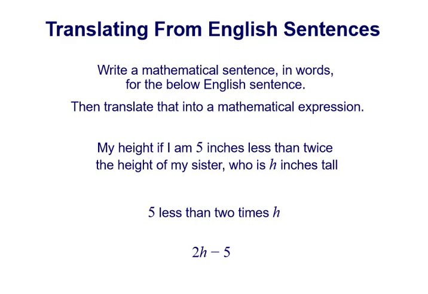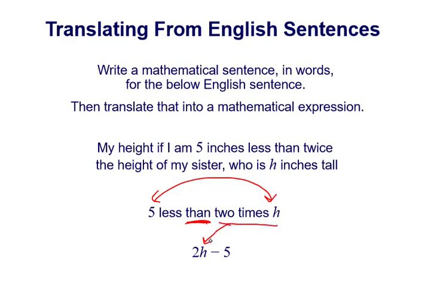So here we can translate that. If we take away the height and the inches and the sister information, we can translate that to the mathematical sentence of 5 less than 2 times h. So 5 less than, that's the subtraction, and because of the than, we're switching the order of the 5 and the 2 times h.